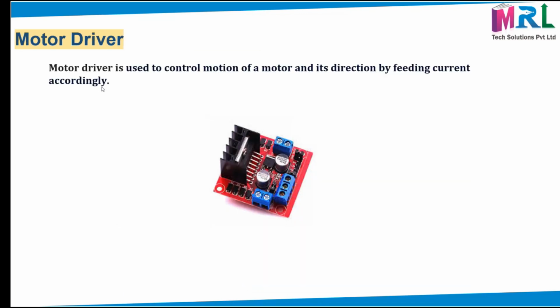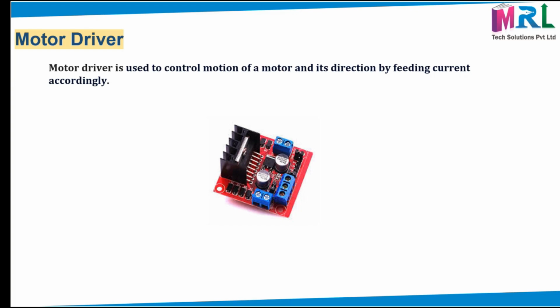Now this is the motor driver. Like I said already, it is used to control the motion of a motor as well as the direction by feeding the current. One thing you have to understand: you will have different types of drivers. Some people have a driver like this, red color one.